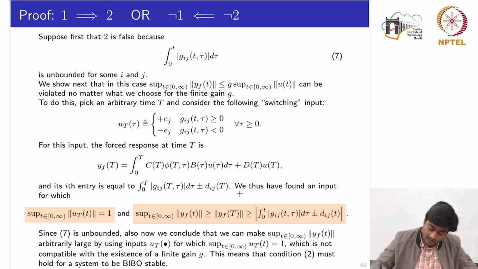Again, this uses similar triangle inequalities. So this condition must be true to ensure that there exists a gain G for which the system is BIBO stable.